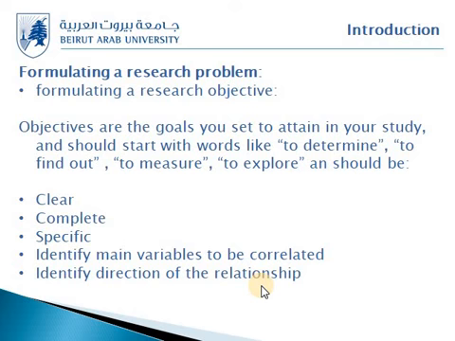So it's very important to identify the direction of the relationship if you're setting a certain hypothesis. So mainly these are the characteristics of the objectives and sub-objectives that you should determine in your study.